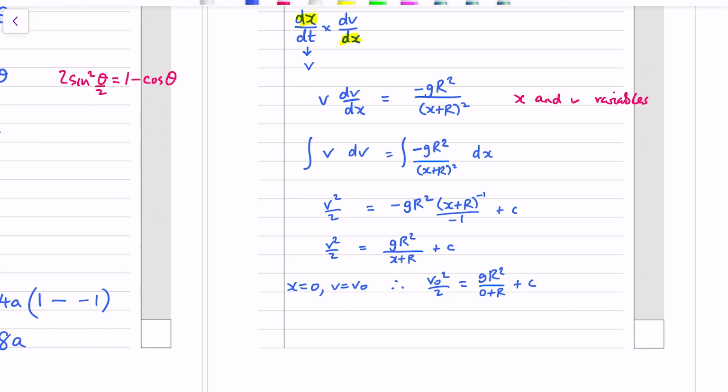We can cancel off one of the r's there, and we get c is equal to v0 squared over 2 minus gr. Okay, then we go back to our solution. Our solution to this problem is this one. Actually, no, I like the line underneath, it's much nicer. No minuses. And this time we sub in x is equal to h and v is equal to 0.